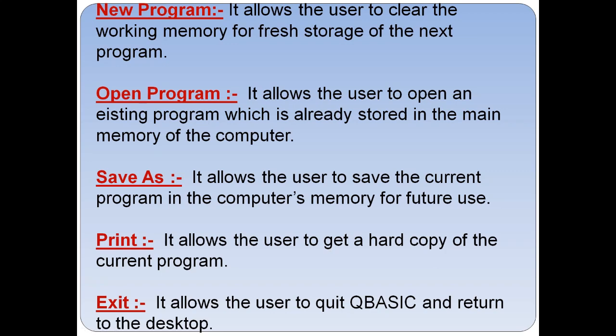Suppose we have made a program on screen and we want a printout of that program on paper; that is known as a hard copy. So we will use the Print command. Exit allows the user to quit QBasic and return to the desktop.